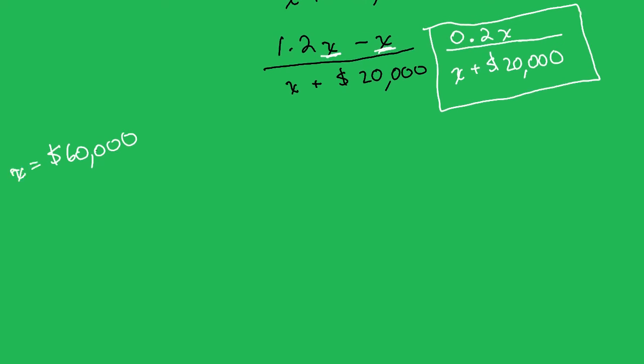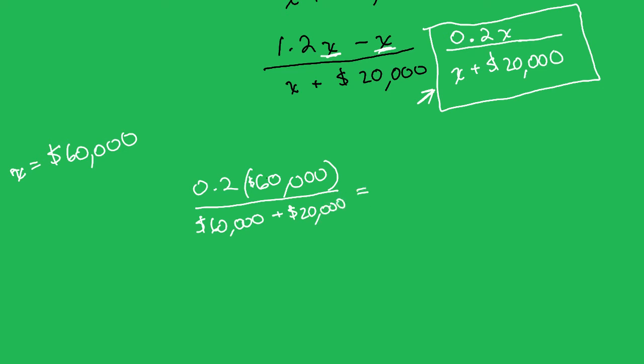Now we just plug in $60,000 for x in this expression: 0.2 times $60,000 over $60,000 plus $20,000.